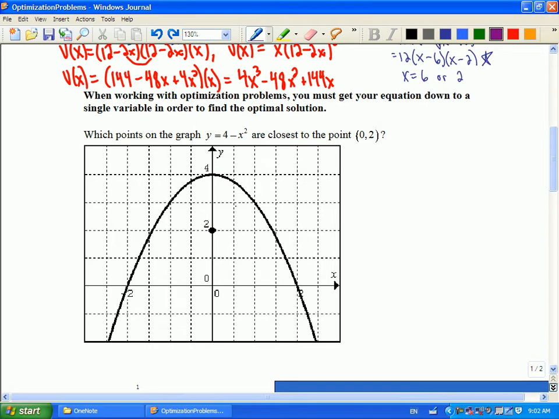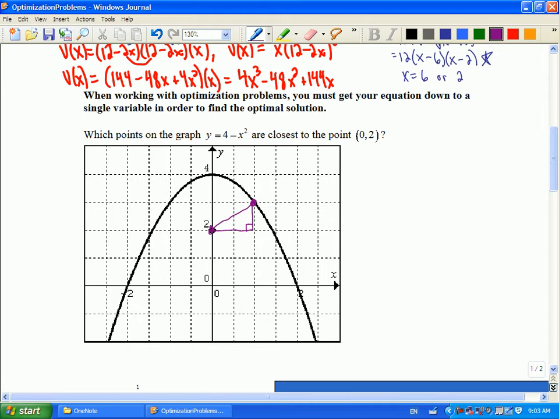For example, if I was like this, does that jog your memory? If I want to know how far that black dot is to the purple dot, I could tell you how far it is now. Anybody know how far it is to get from here to here? 1 squared plus 2 squared. Which is also known as?